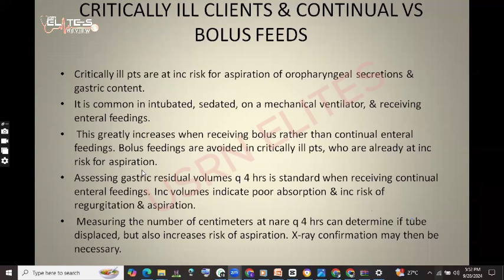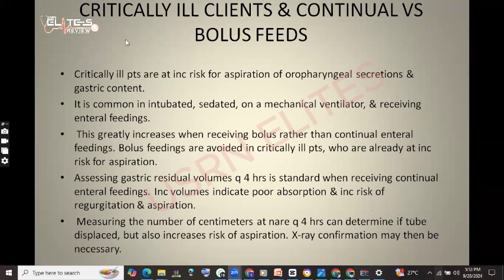When the patient is critically ill, we should care more about their nutrition, because muscle wasting and lots of malnutrition issues can happen when people are critically ill.